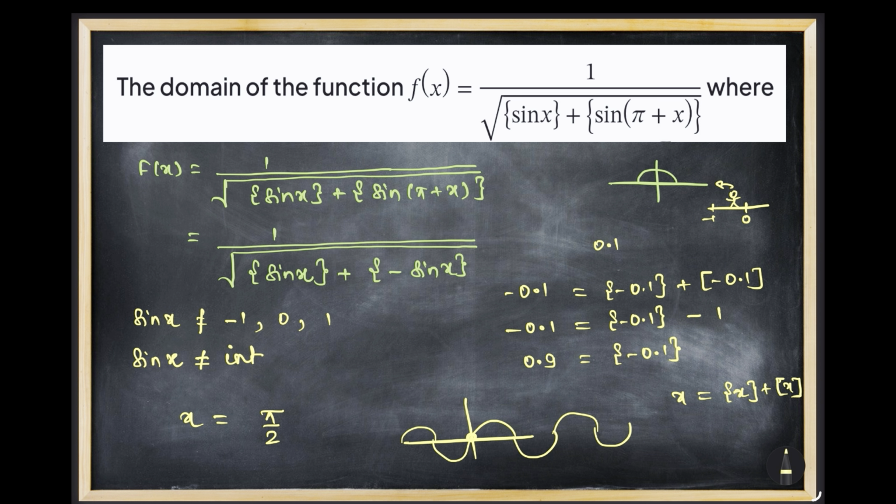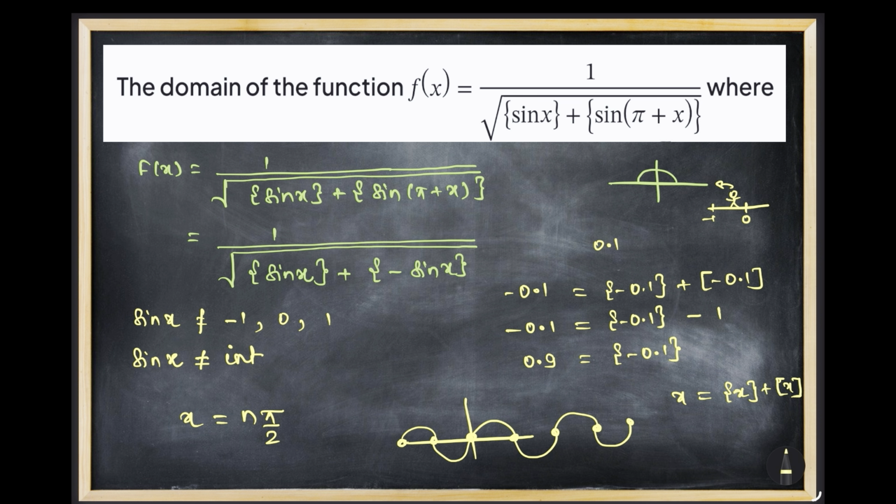You cannot afford to have 0. This means you cannot afford to have these pi's, so you cannot have 0 pi, 2 pi, 3 pi, 4 pi. So what I will do, I will use n pi. So I cannot afford to have 0, I cannot afford to have n as 2, n as 4, n as 6.